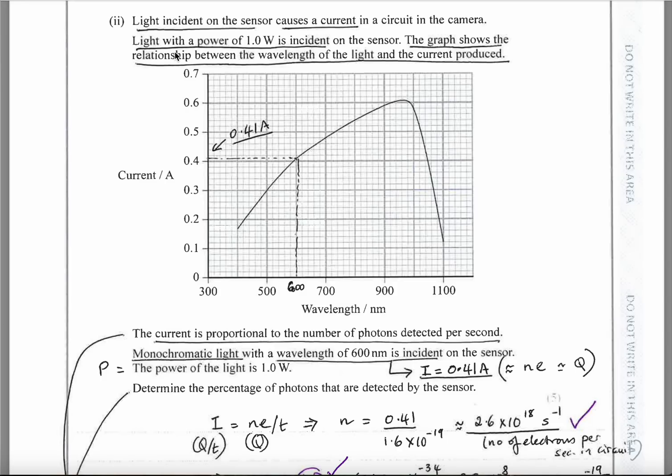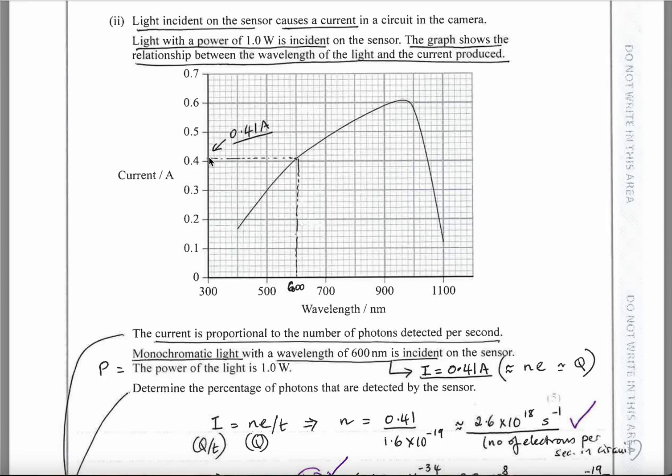So it says that light with a power of 1.0 watts, two significant figures, remember, is incident on the sensor. So we have light coming in the form of photons and current coming out as an effect due to the sensor. So the sensor is a transducer.